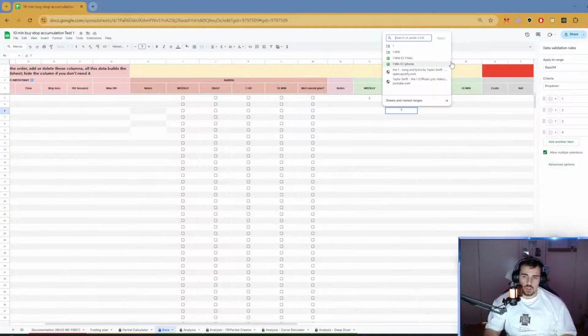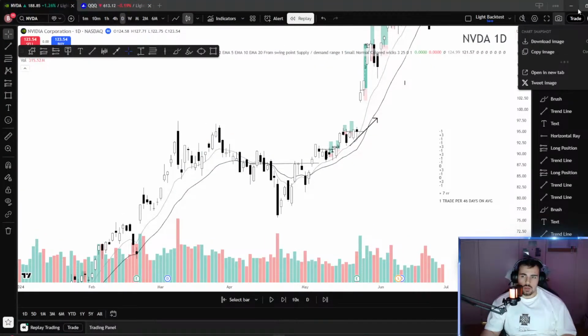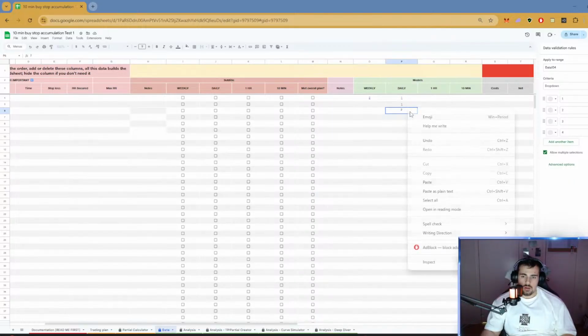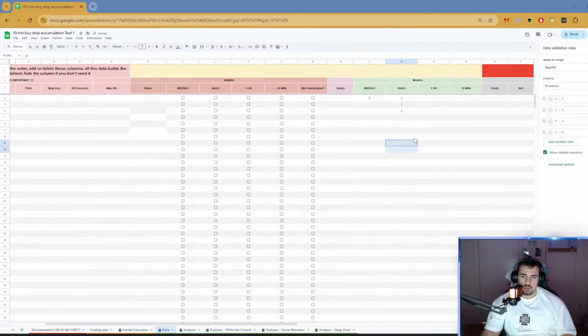Just getting all the screenshots in right now, guys, of all these trades here before I enter in all the data, just because data inputting is just super, super annoying. And it takes up a good amount of time.